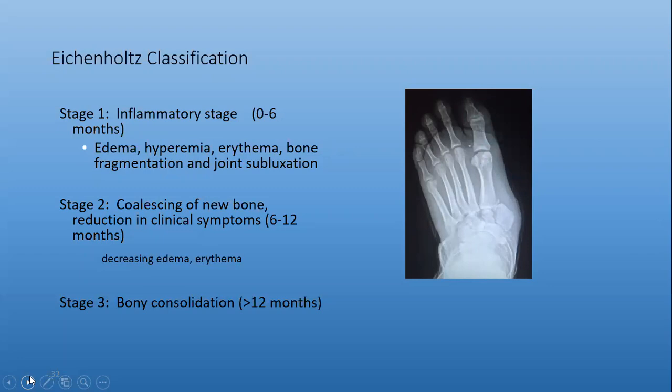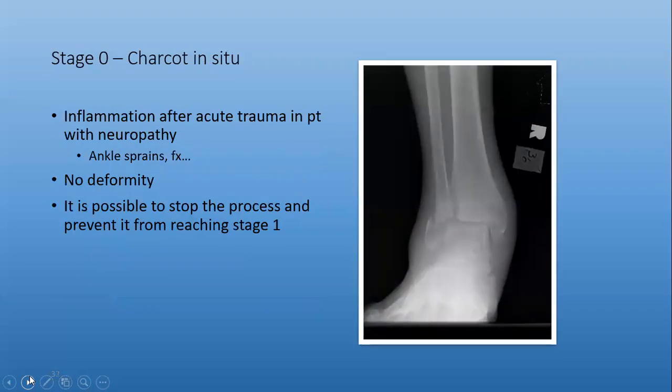Thank you, good point. All right, so someone's going to take this one while I talk about stage 0. So Gerard, you talked about this stage 0, which is essentially just the beginnings of a patient who may develop Charcot in the near future.